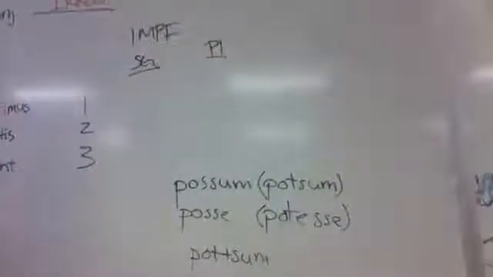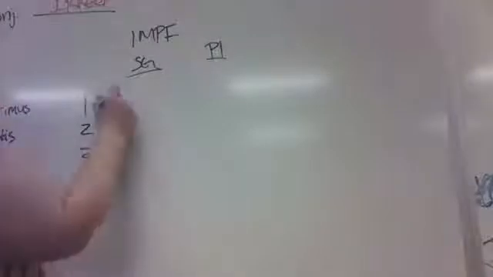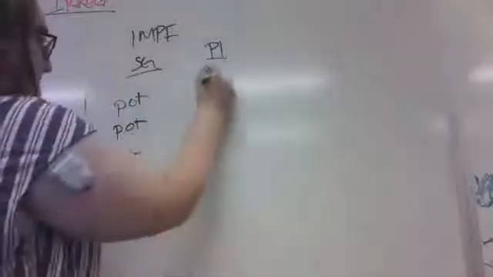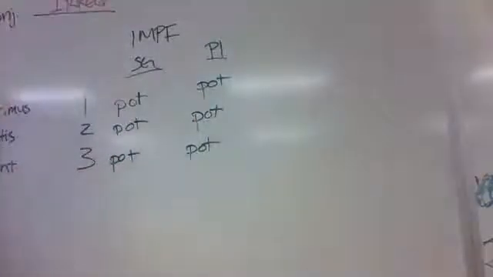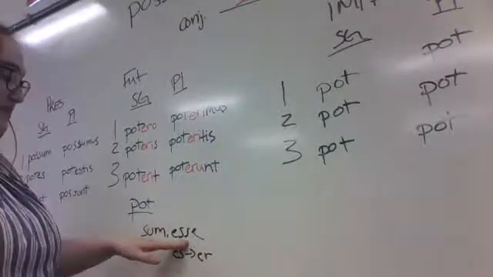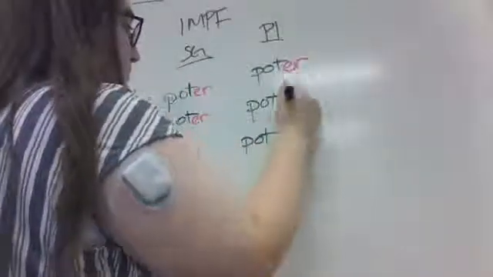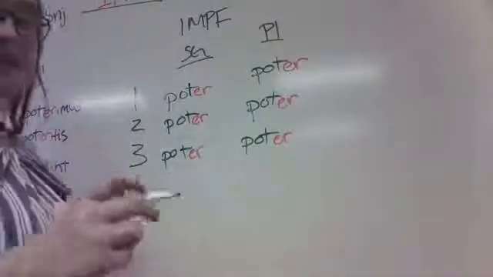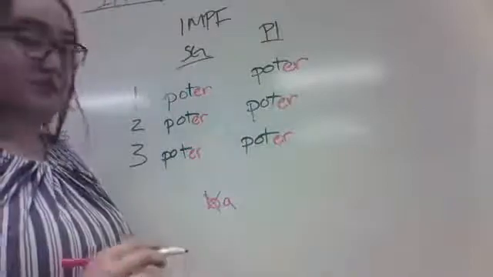Now let's try imperfect. So, like before, this is going to be our base or our stem. Then, like last time, with sum, esse, fui, we take off the SE. The ES becomes ER. And then, usually we would add BA, but we take off the B when we're dealing with sum, esse, fui.